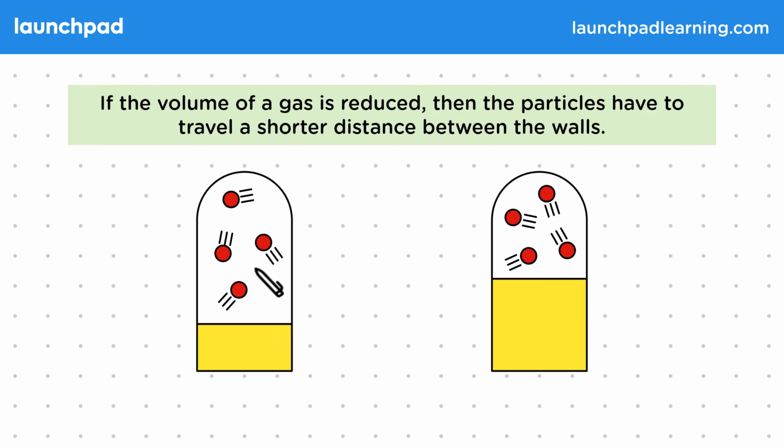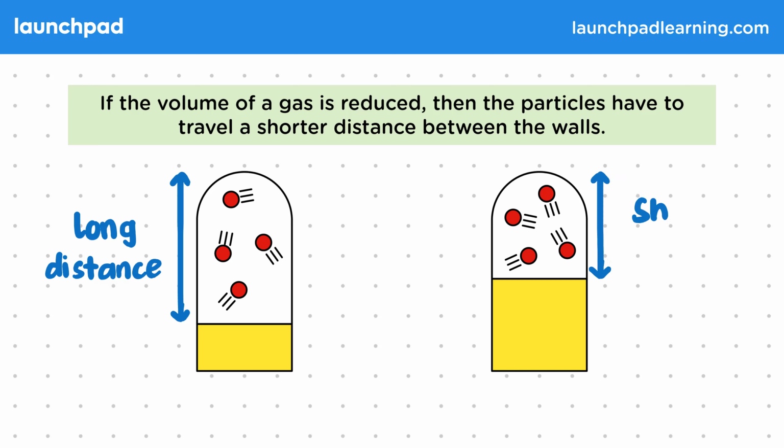Remember that gases, like air, consist of molecules that move around a container randomly. So as we can see, when the oil is low and the air takes up a large volume, there is a long distance the air would have to travel between the oil and the top of the column. Then when the oil is higher, this distance is shorter.